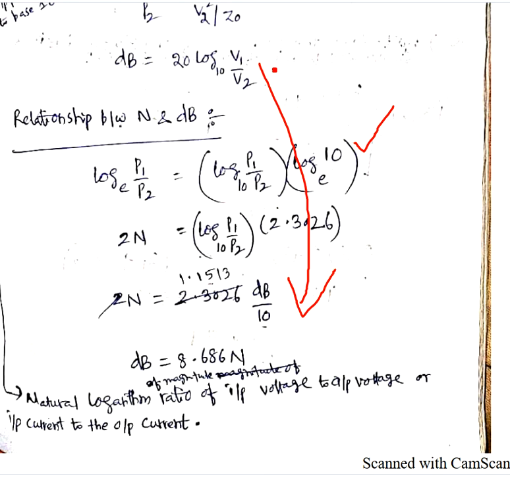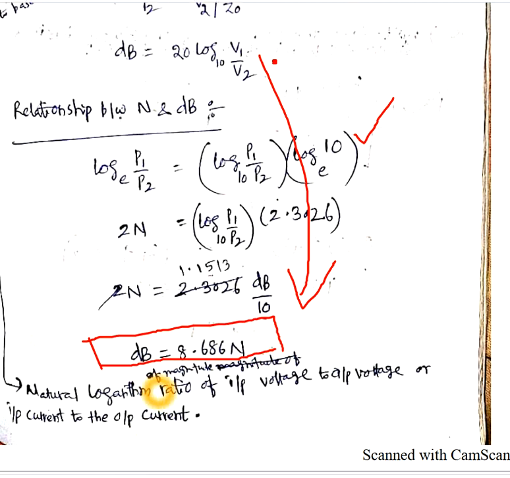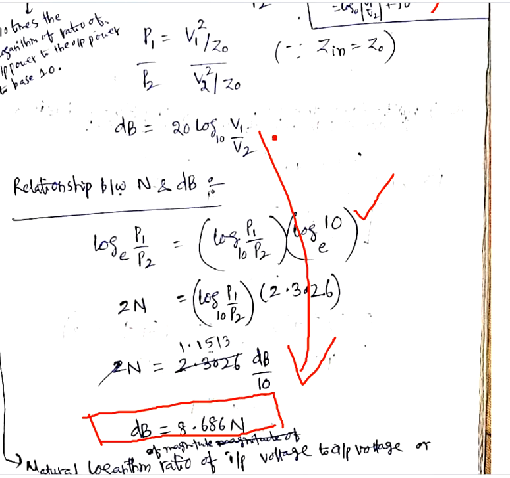So if I simplify this, you will get dB is equal to 8.686 into nepers, that is nothing but 8.686 times N. Fine. So that means they are related like this. This equation can come directly in the bits, or it can be used for solving other design problems. Fine, that's it. Thank you.